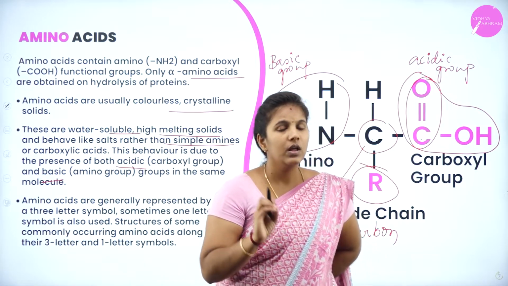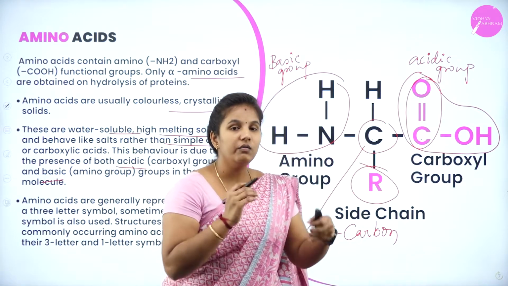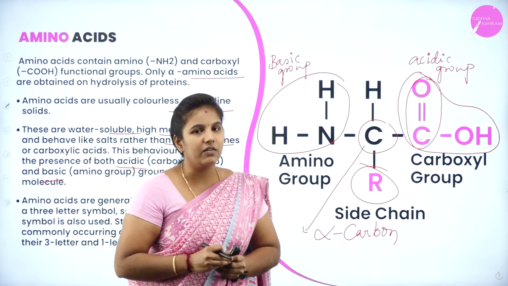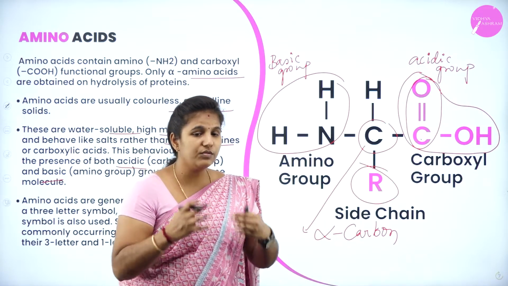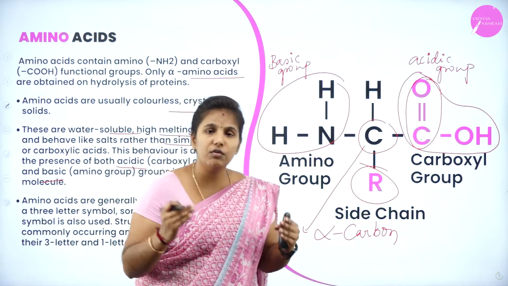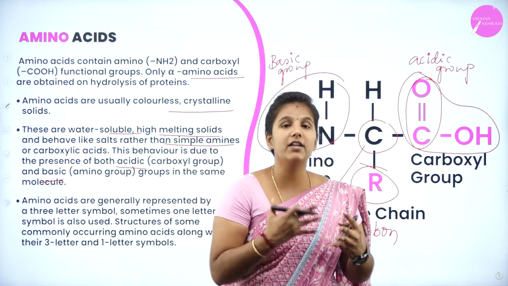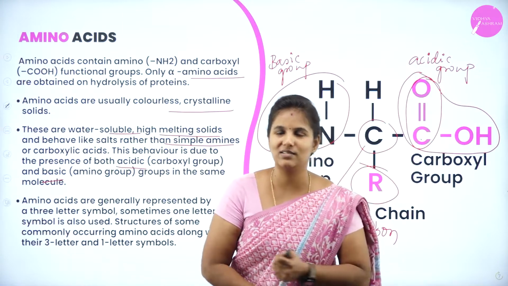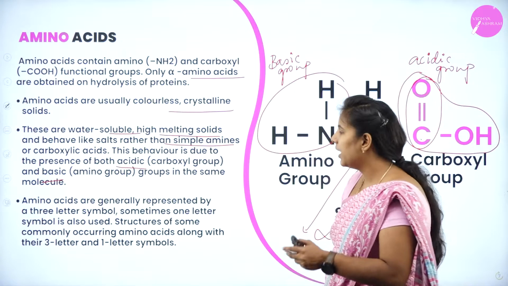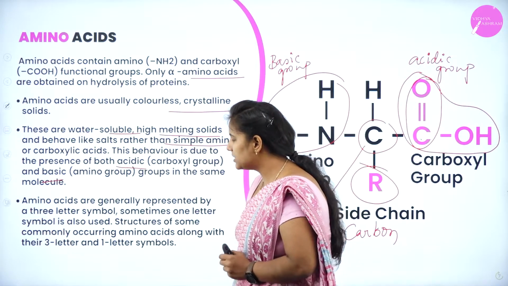This is how we can easily understand which one is the acidic group and which one is the basic group which is present in our amino acid. Because of these two groups present within the amino acid, it behaves like a common salt. Amino acids are generally represented by a 3-letter symbol and sometimes with a 1-letter symbol also.